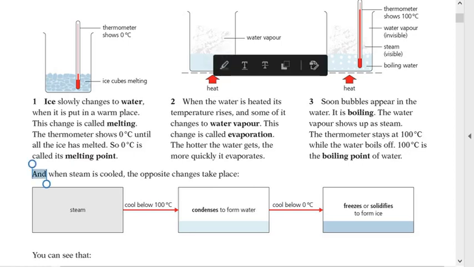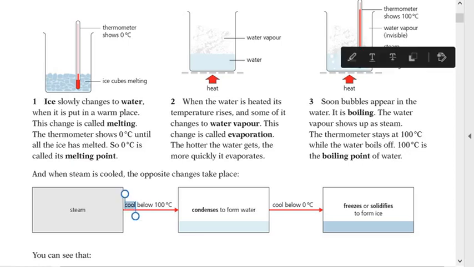When you apply more heat, the liquid water is going to start changing into water vapor, right? On the application of more heat, vaporization starts taking place. When more heat is applied, in this third stage, you will find that bubbles appear in the water, and this is known as boiling. This is now when the water is boiling.